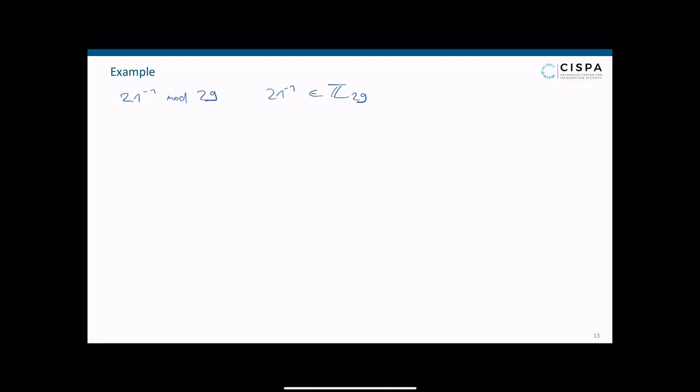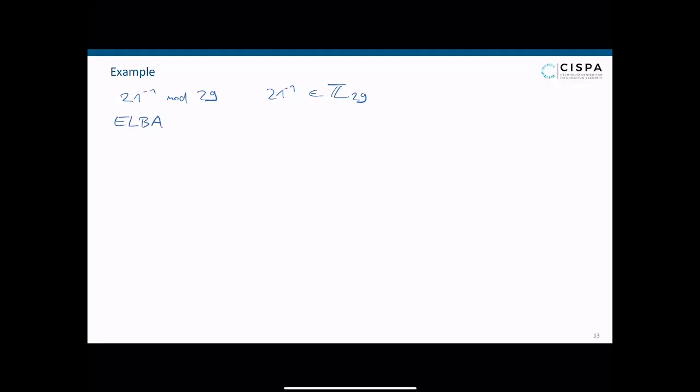But if instead of modulo 29 we reduced modulo a 1024-bit number, this wouldn't be that easy. So the way we do this is via the extended Euclidean algorithm.